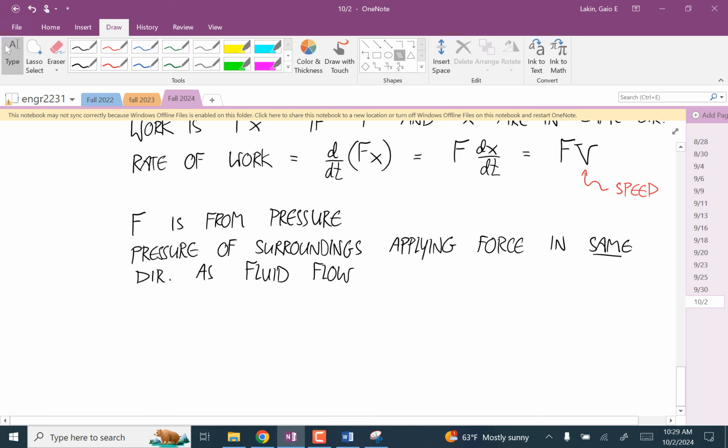So we can rewrite this: the rate of work is equal to the pressure times the area times the speed.